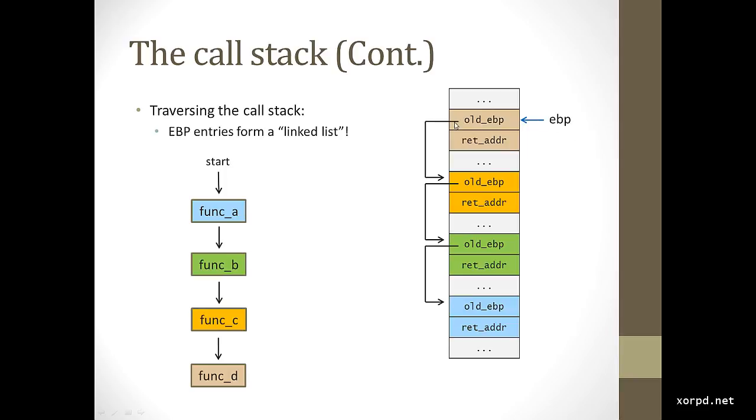EBP points to a location in memory inside the stack which contains the old EBP, and this value points here. We can continue this procedure to traverse the stack backwards to the first function that was called. Maybe if you want to see it in some assembly syntax, this is how it looks like.